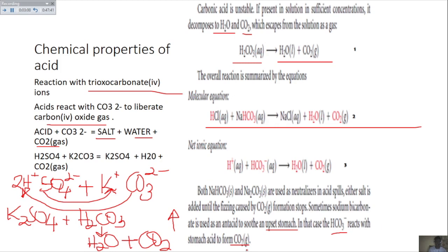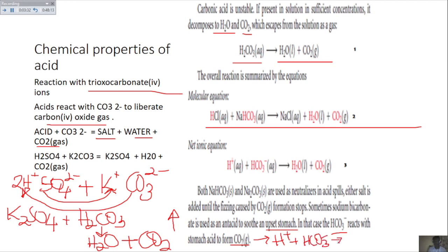I've told you that the stomach too has what? Acid. By the time you use sodium hydrogen carbonate, it's going to have the HCO3 minus, which will further react with the proton in the stomach, because the stomach too has acid. And when they react together, what happens?